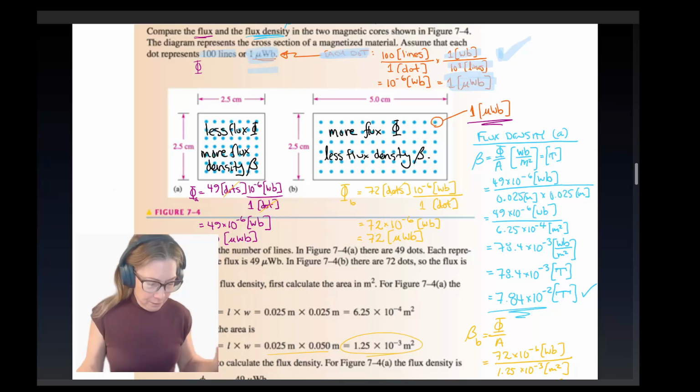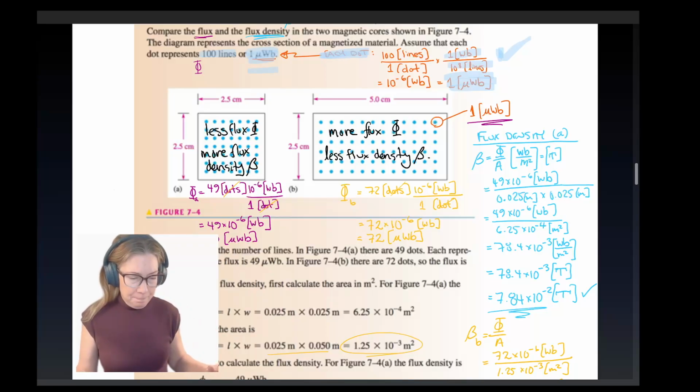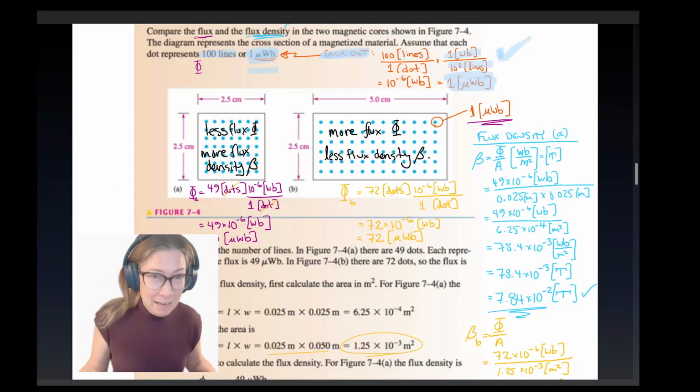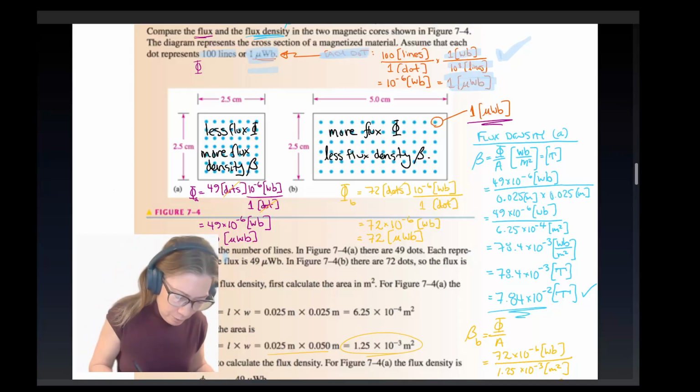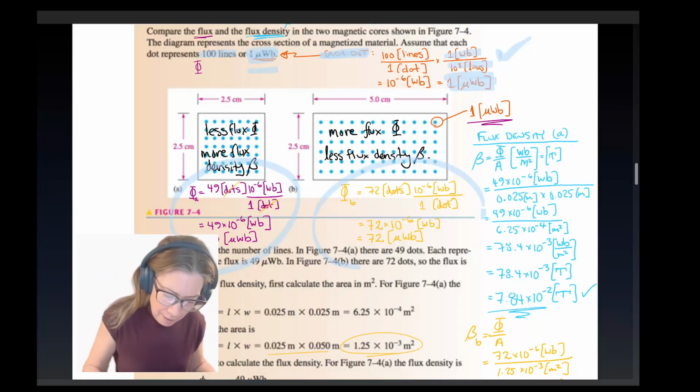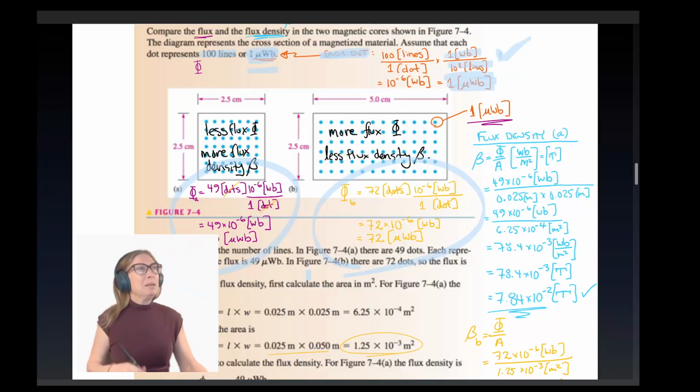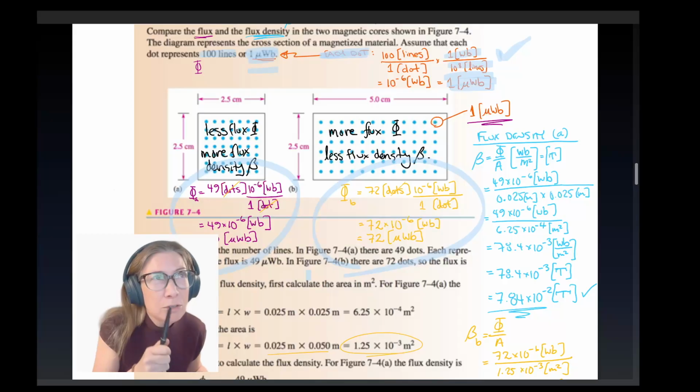So the question is: compute the flux and the flux density. I can easily compute the flux by counting the dots. Here's where I'm computing the flux of the first one, and the flux of the second one. But what I want you to pay attention to is how you use units.